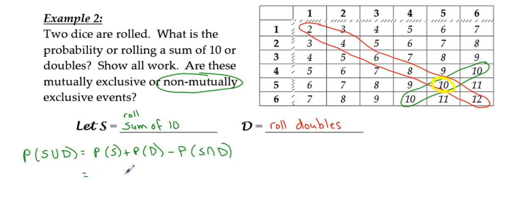So the probability of a sum of 10 is 3 over 36, and the probability of doubles, there are 6 of them, and the overlap, there's 1 that's overlapped, so that is 8 over 36, and in lowest terms 2 over 9.